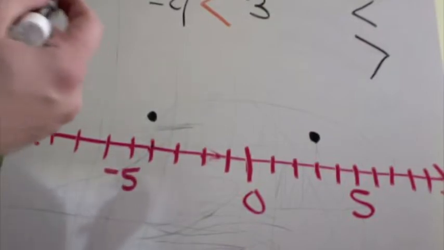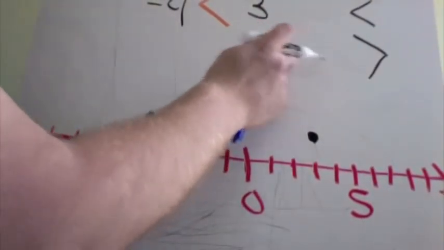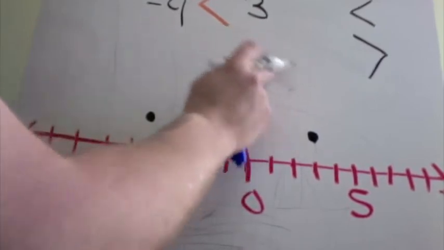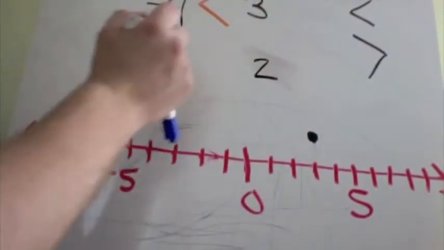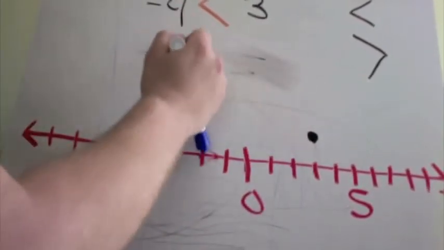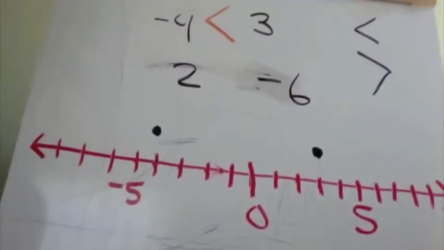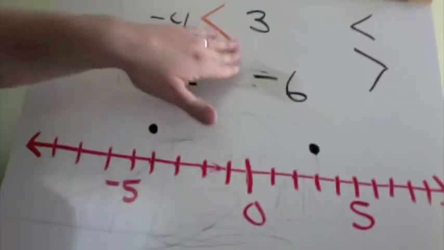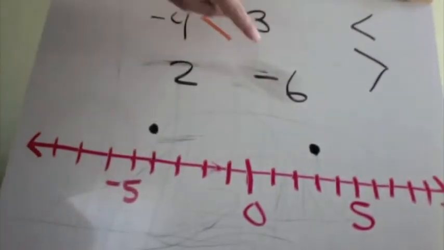So now let's write down the number 2 and put it over here, 2 and -6. Now, which one of these two is larger? Well, 6 is a bigger number than 2, but this negative always means the opposite.